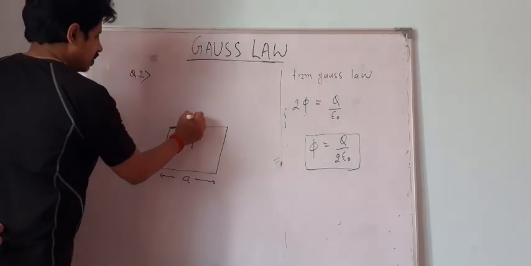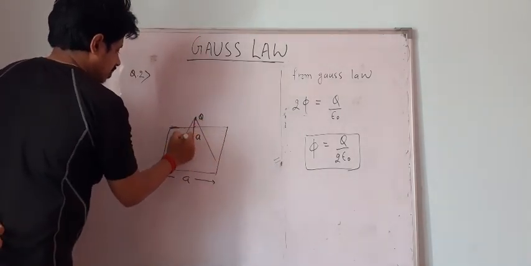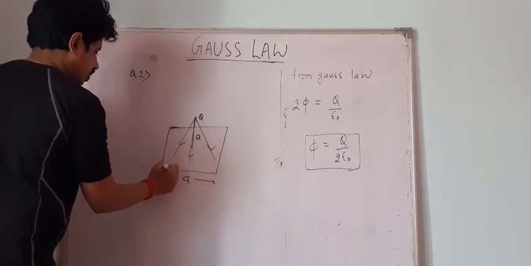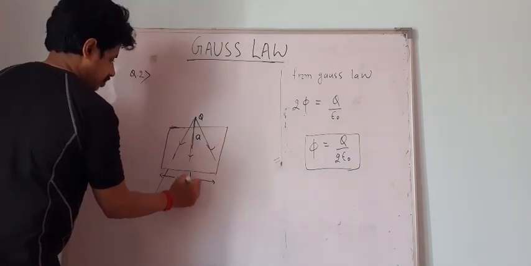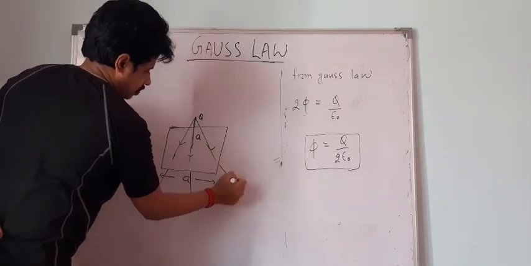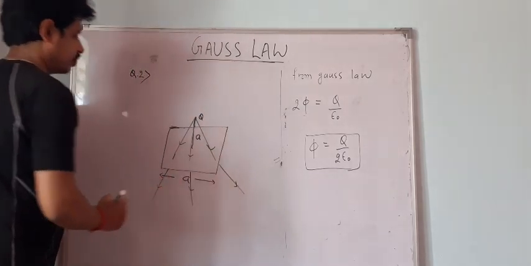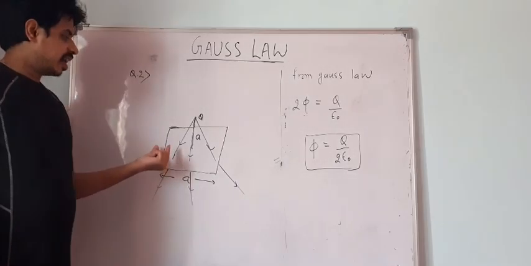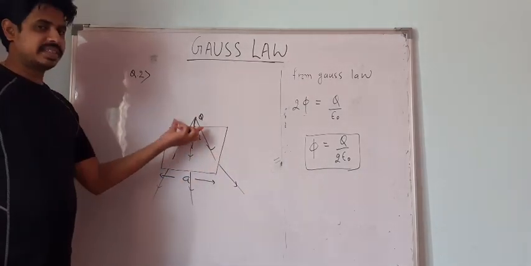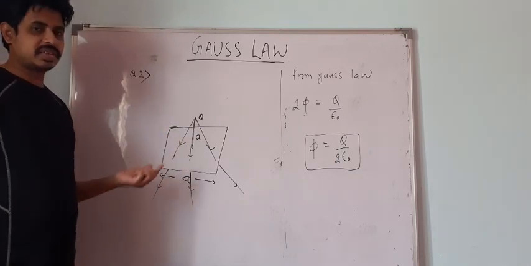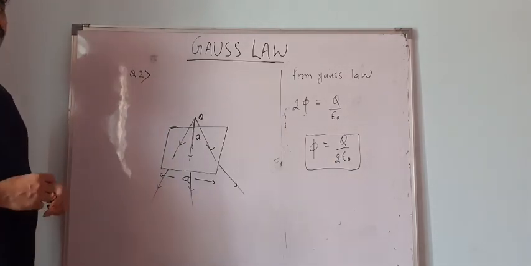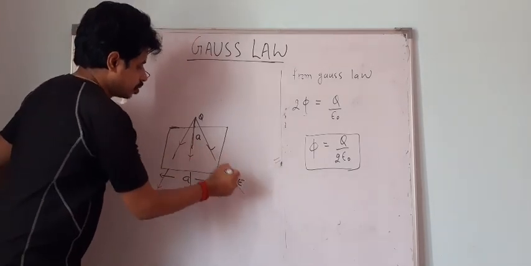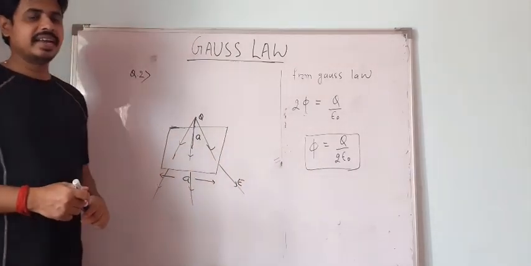So definitely some electric field lines emerge from this, which cross this plane. Fine. So here also some flux will be associated with this square surface, and we have to find the flux of this electric field E through this square surface of side length A.